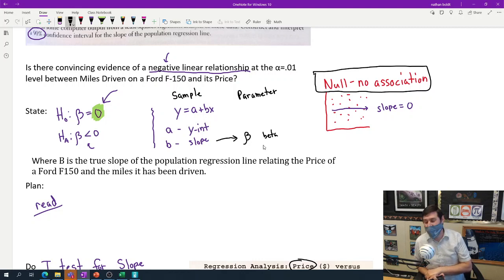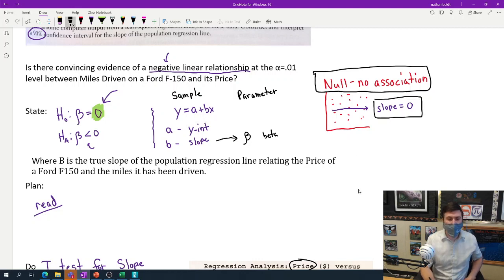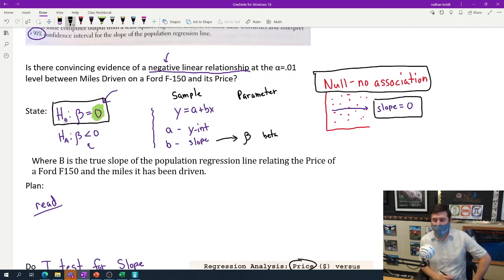Most of the time it is 0 because your null is that there is no association between the two. And if it's no association, that means your slope is 0, and so your null slope will be 0. Hopefully that kind of makes sense.